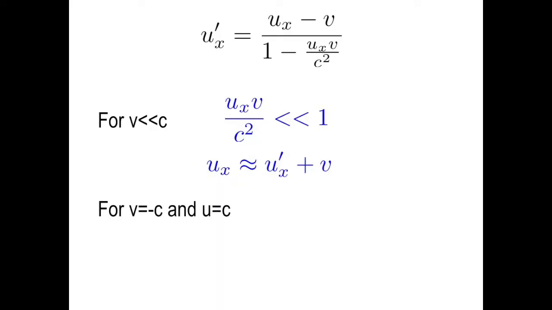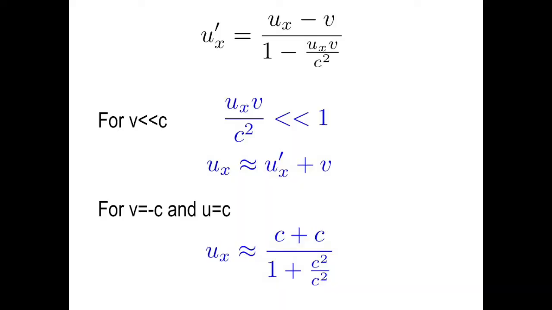Let's go to the other extreme. Let's think about what happens if both velocities are very high, near c. Let's assume that the train is moving to the right almost at c, and the particle is moving to the left almost at c. Galileo would say that the velocity of the particle as seen from the train is going to be 2 times c. But what does relativity say?